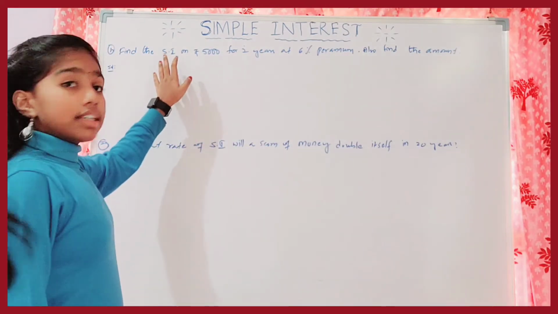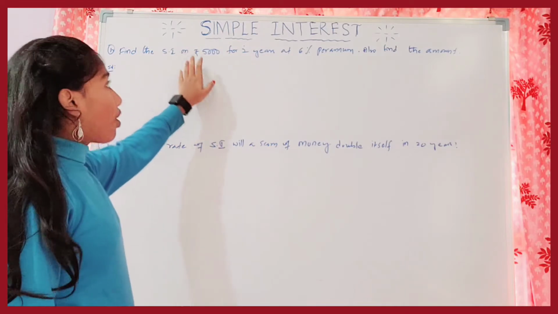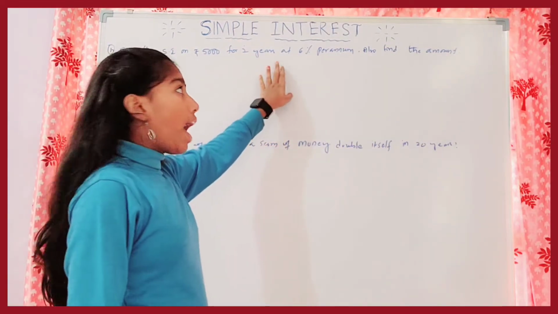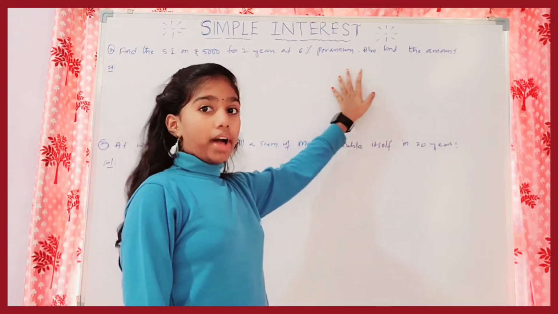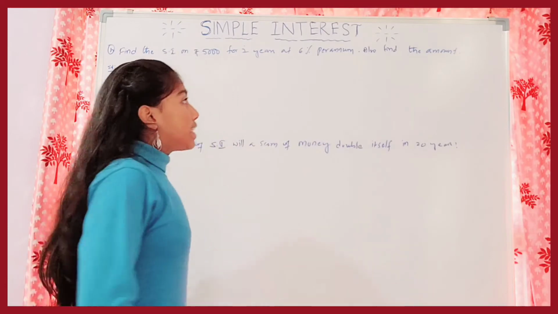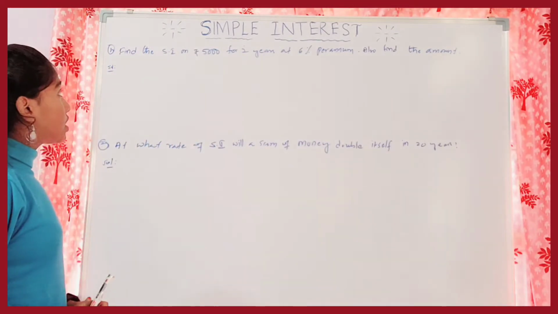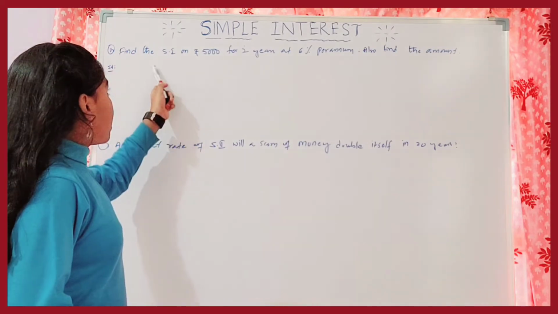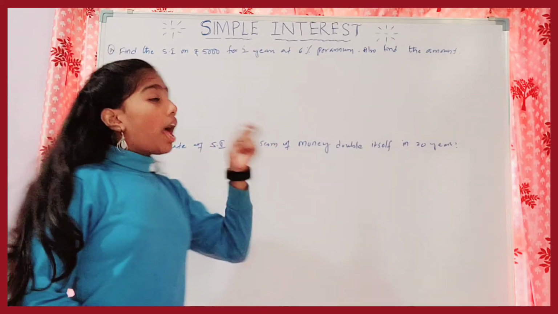Find the simple interest on 5,000 rupees for 2 years at 6% per annum, and also find the amount. If you observe this question, they have told us to find the simple interest and also the amount.